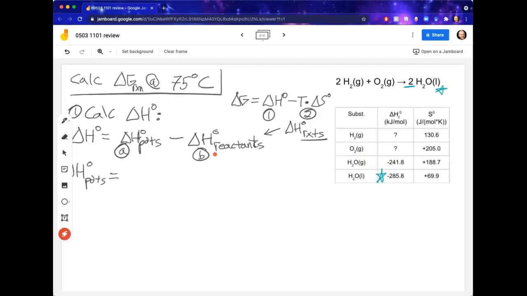So in this case, I need 2 moles of H2O times the negative 285.8 kilojoules per mole from the table. And that's my only product. I don't have any other products. So this is going to be the only thing I need to calculate here. Let's take a moment and get a number for this.